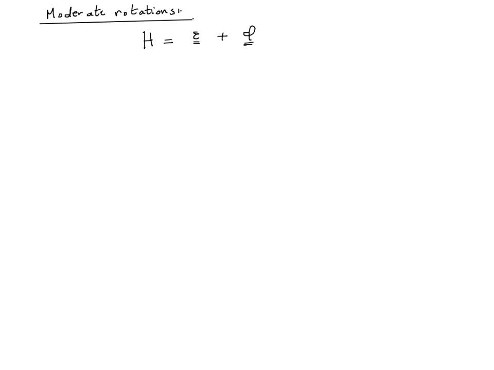So let us say that our strains are of the order of 1%, and our rotations are of the order of 0.1 radian, which is maybe 5 to 10 degrees, roughly in this range.